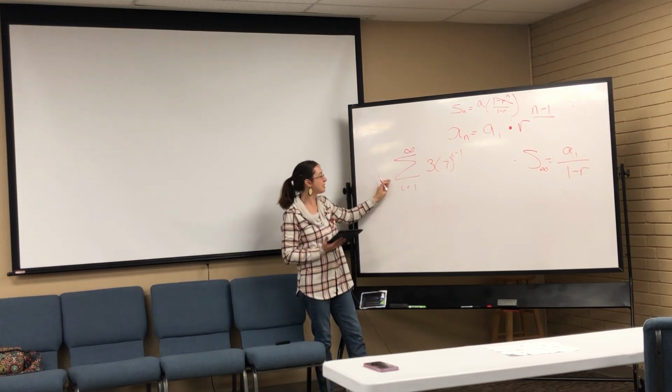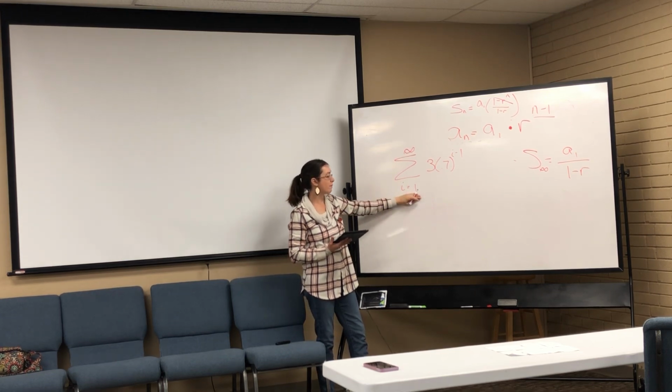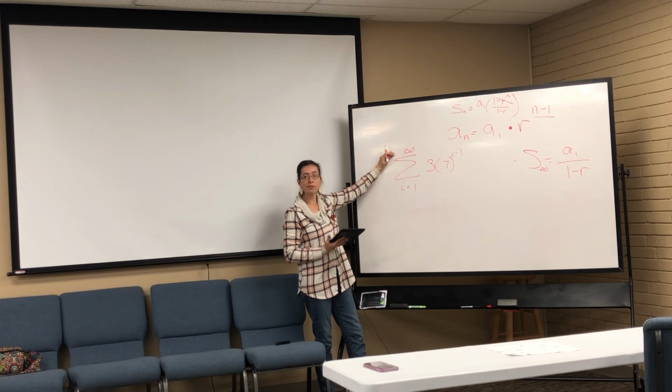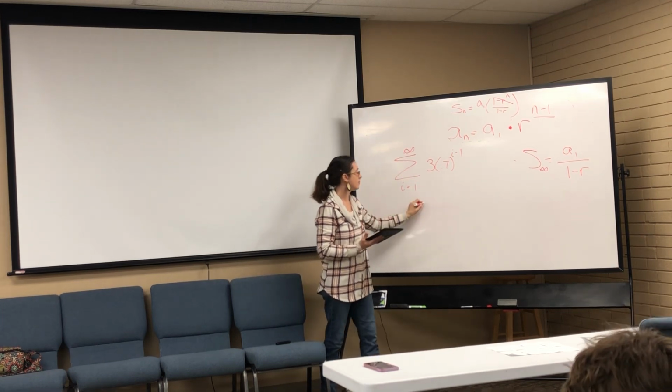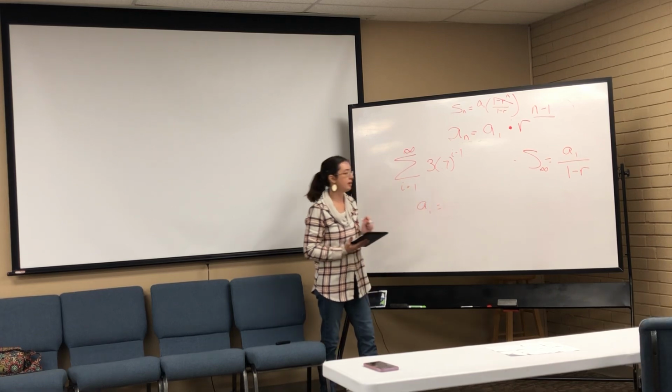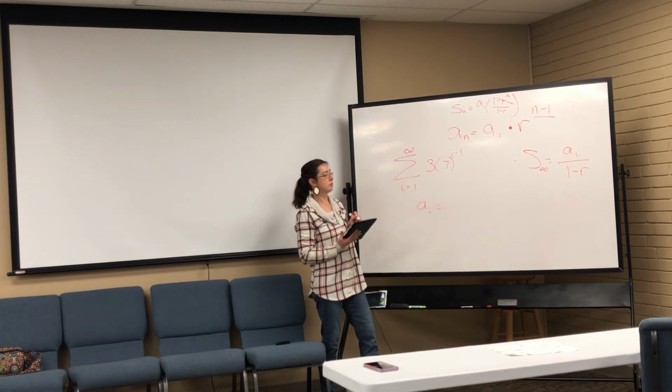So the first thing is we've got to decipher our instruction guide. Our instruction guide says we're going to add up our term values from our first term on into infinity. What is my first term? What is a sub 1 here?